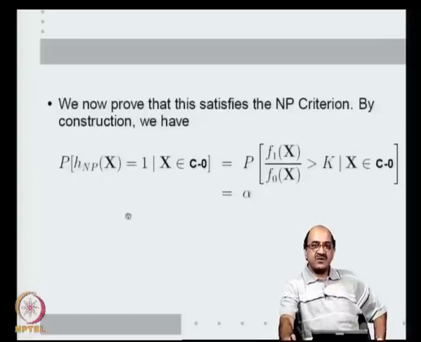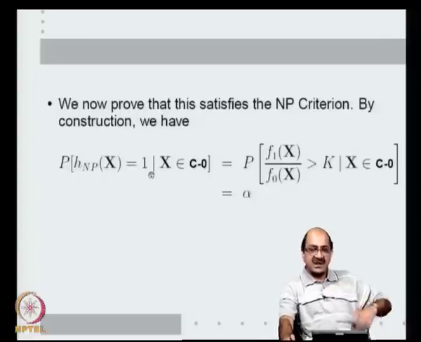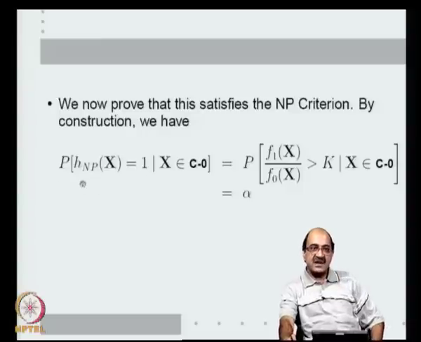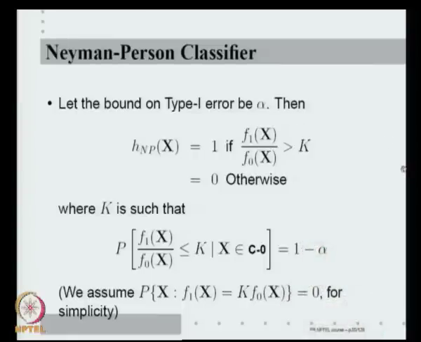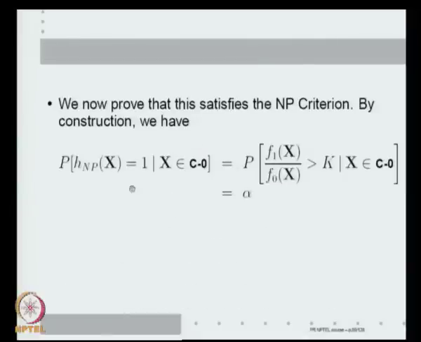What are the two conditions? First, the type 1 error should be less than or equal to alpha. For the type 1 error, we need the probability that h_NP(x) equals 1 given x belongs to C0. When will h_NP(x) be 1? By definition, h_NP(x) is 1 if f1 by f0 is greater than k. So, the probability that h_NP(x) equals 1 is the probability that f1(x) by f0(x) is greater than k when x belongs to C0.